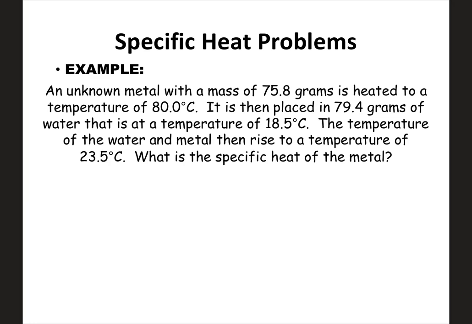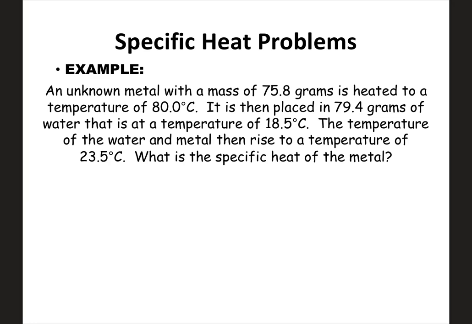All right, so the key is, how do you know if a problem is a simple Q equals MC delta T, where you just plug in and solve for one of the unknowns, or if it's one of these plus Q minus Q problems? So you have to be able to look at a problem and know, hey, look, it's just a simple Q equals MC delta T, or it's going to be a little bit more fun, plus Q equals minus Q. The key here is, if you're just talking about one substance, it's going to be a Q equals MC delta T problem.